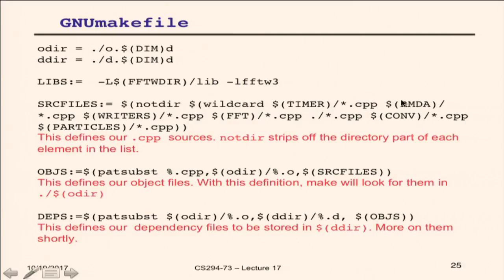So this is getting me all of those files. What does notdir do? Well, what notdir does is it strips off all the directory information in front of it. So now all we have is a list of .cpp files without any directory information.